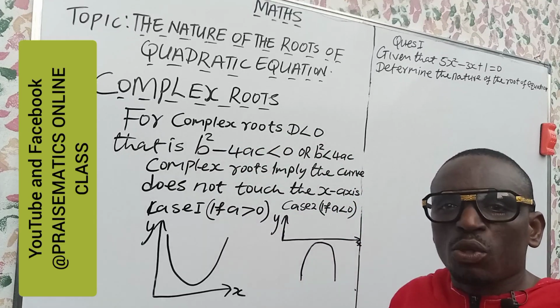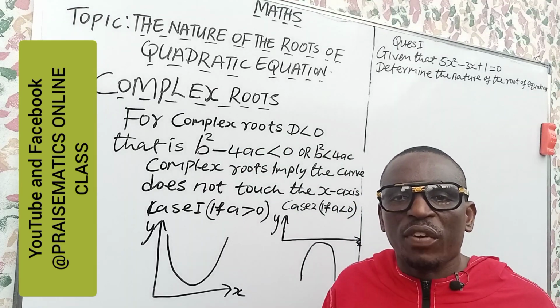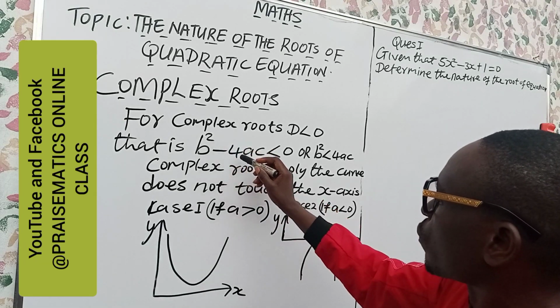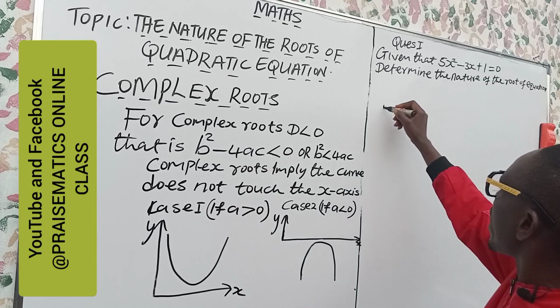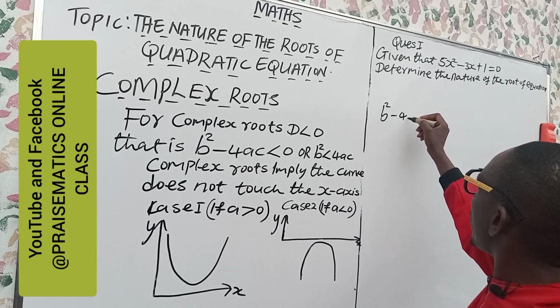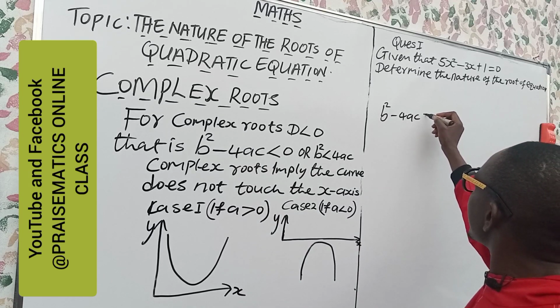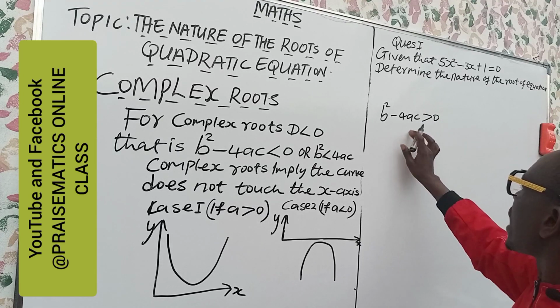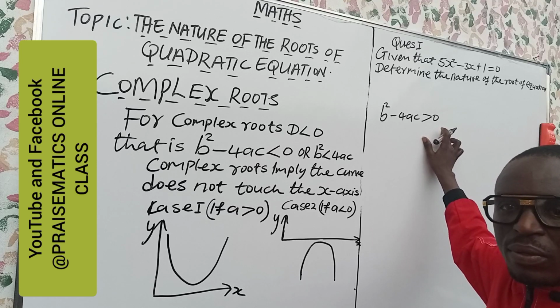So we have distinct root or different root, whereby b squared minus 4ac is greater than 0. In other words, you get positive numbers, numbers that are greater than zero.